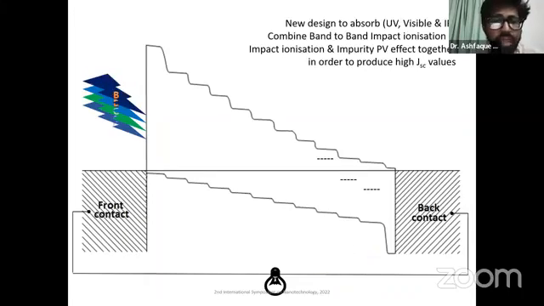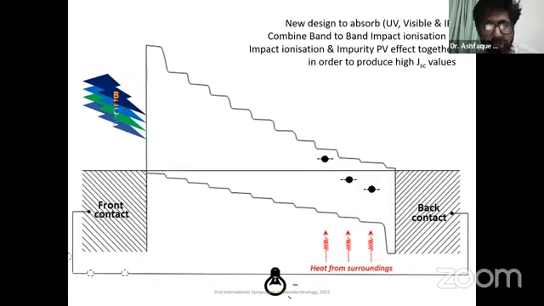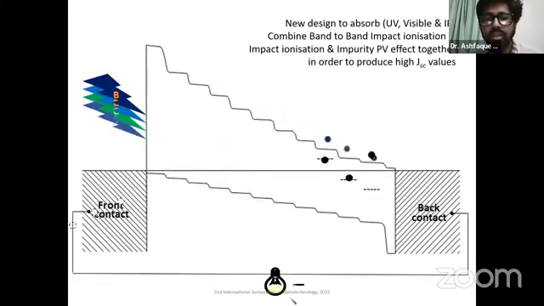So that is exactly what's happening here. And at the same time, there is another thing which we talked about, which is the impurity PV effect. Heat from the surrounding or small energies can be absorbed, trapping the electrons, and another electron can actually take down those trapped electrons using the impact ionization.